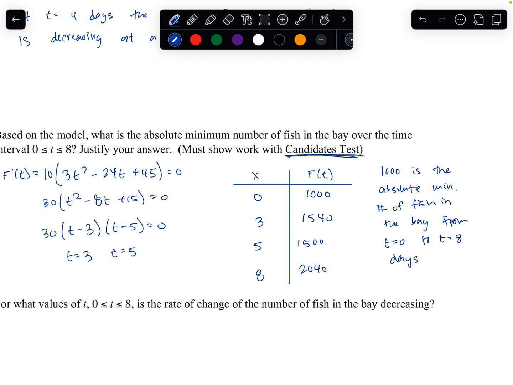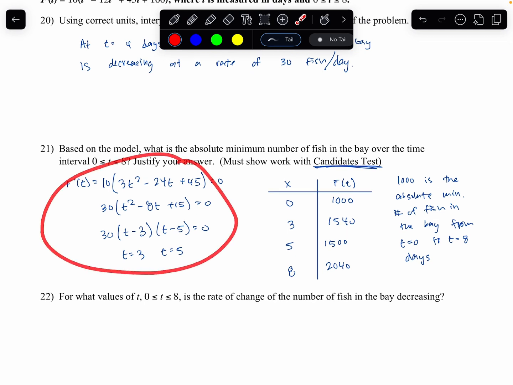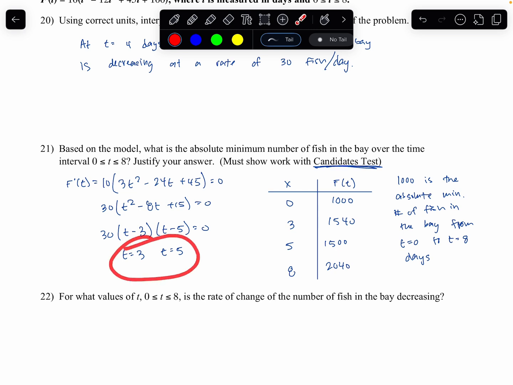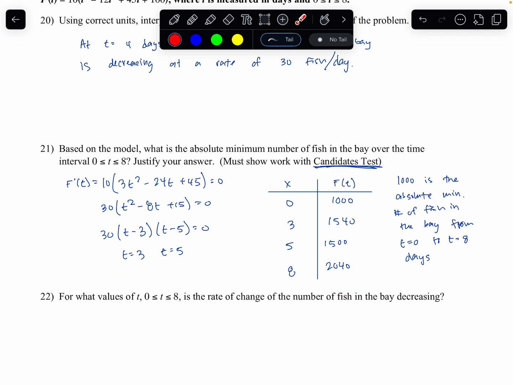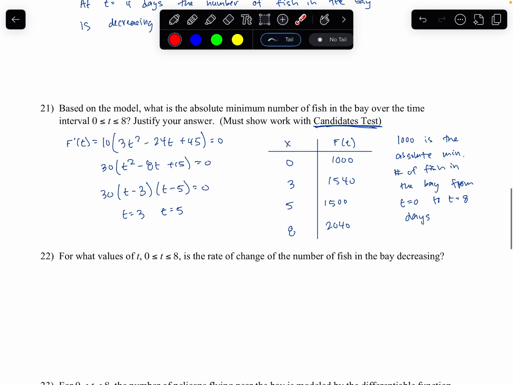As far as your justification, I'm just going to say that your work here and here is justification. So basically just finding the critical points and testing them in the function and seeing that here we have the minimum value. So that's going to be your justification.